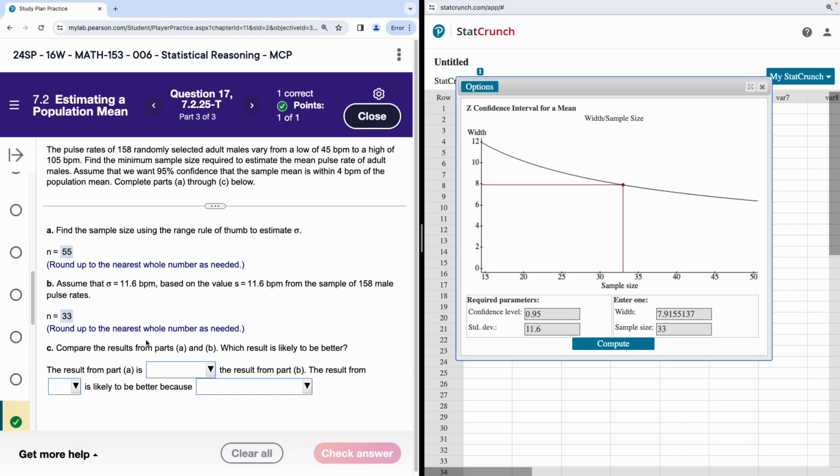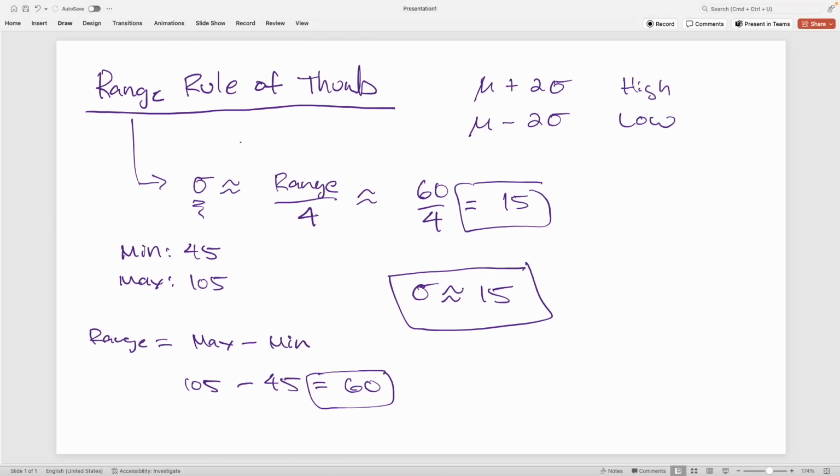Now, the last part, part C, just asks us to compare the results from A and B. Which result is likely to be better? Well, the result from B is likely to be better because we're using a sample there. Anytime we use the range rule of thumb to estimate a standard deviation, it's okay. It's not hyper accurate.